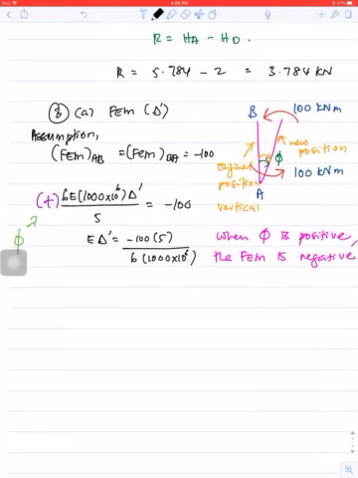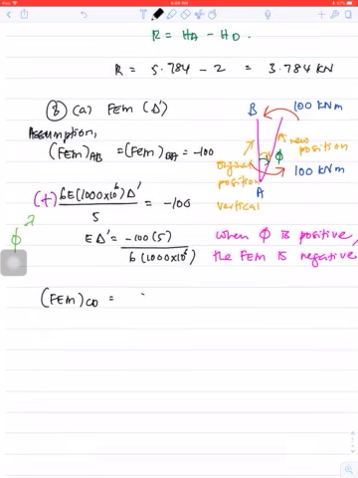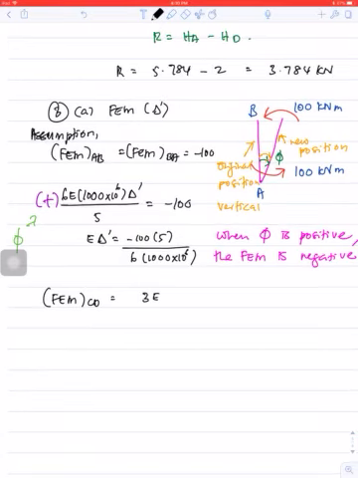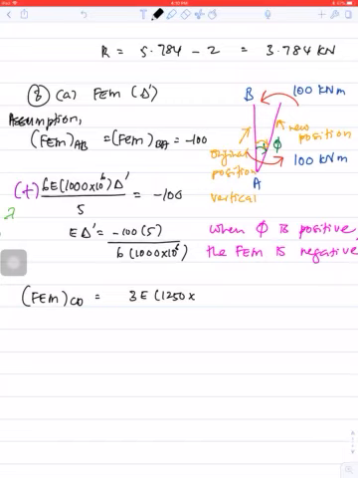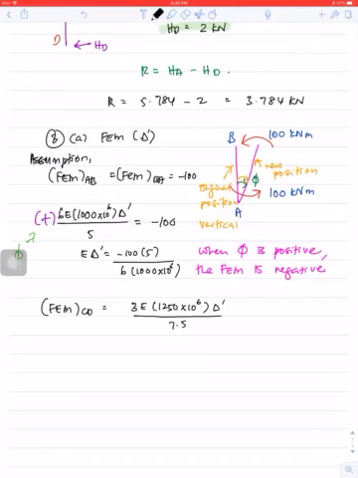For column CD, since D is a pin, we use the formula for far end pin, so we have to use 3 EI, where I is 1250 exponent 6, delta prime divided by L squared, so this is 5 squared.